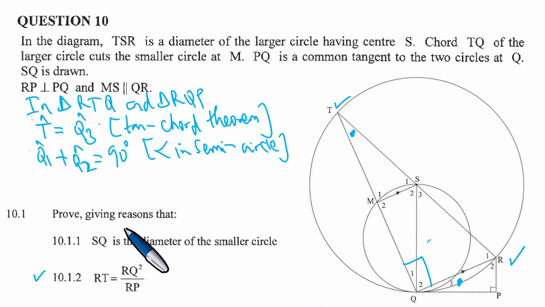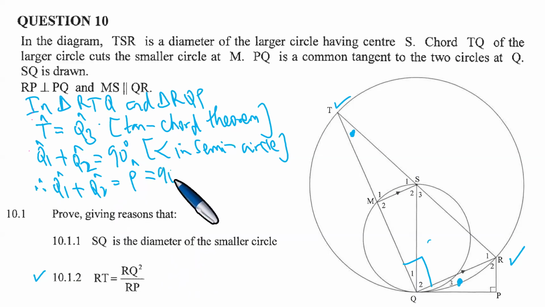Next, the angle Q1 plus Q2 equals P. So therefore the angle Q1 plus the angle Q2 would be equal to the angle P, and the angle P is 90 degrees.